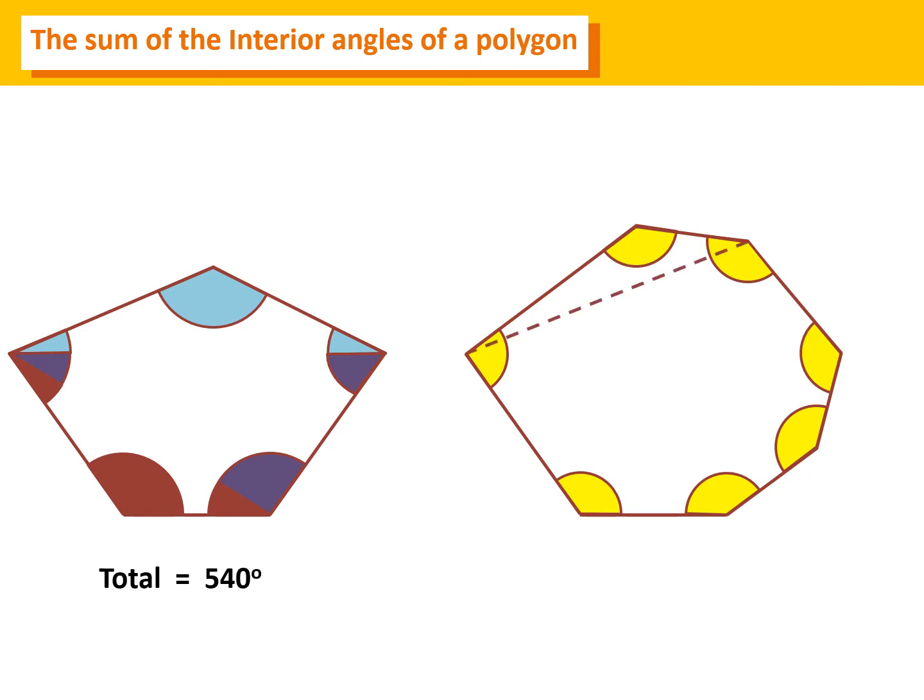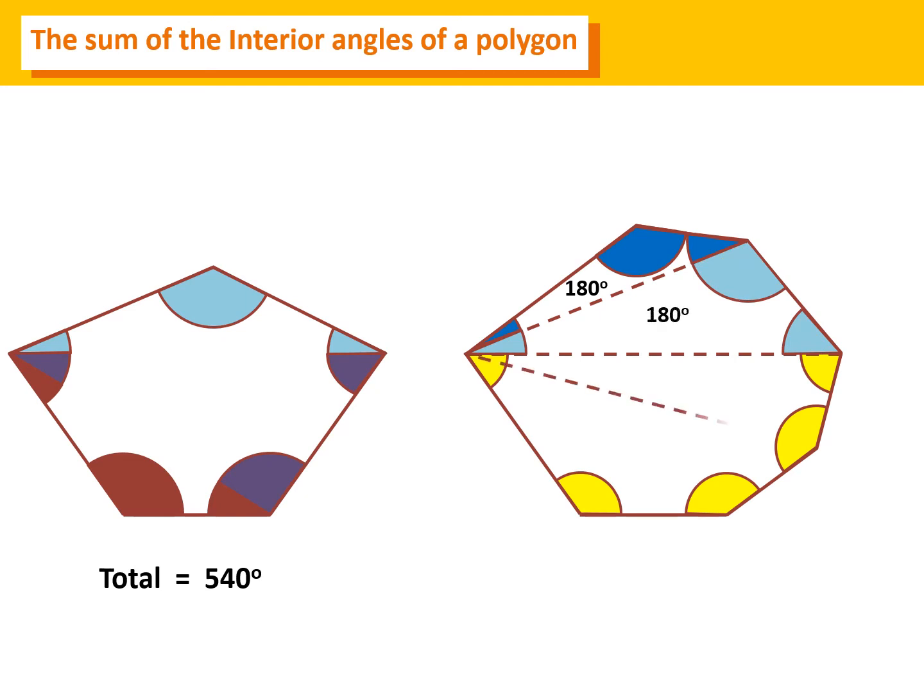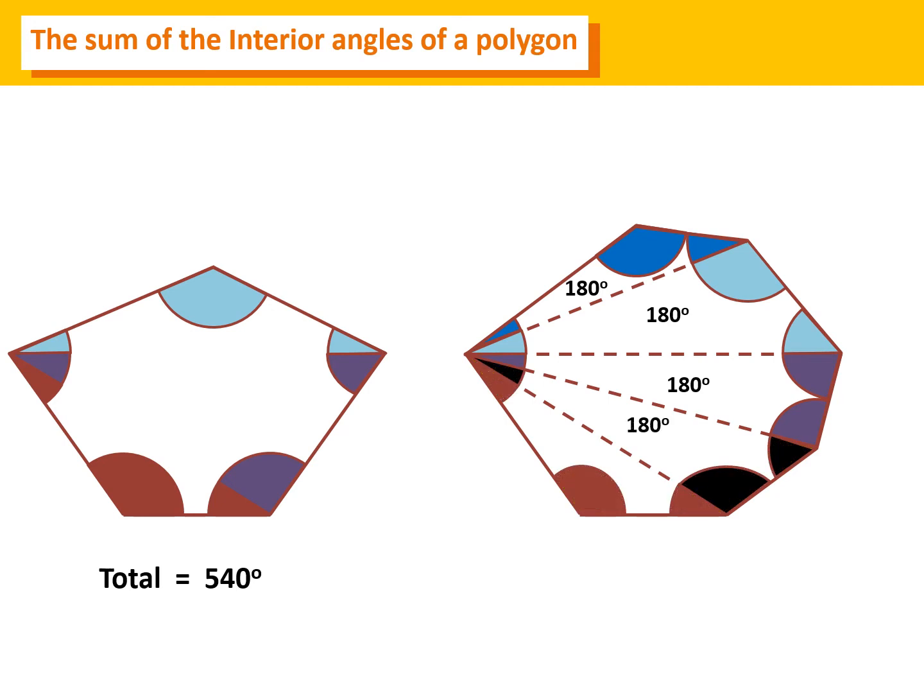On the right-hand side, we can split the heptagon into five triangles. So the total of those angles will be 5 lots of 180 degrees. Altogether, that's 900 degrees in a heptagon.